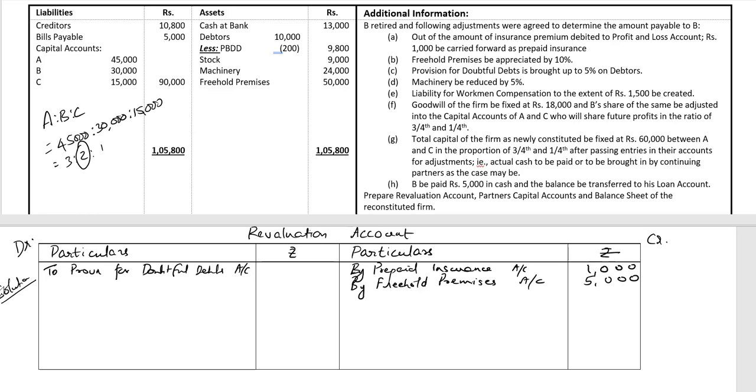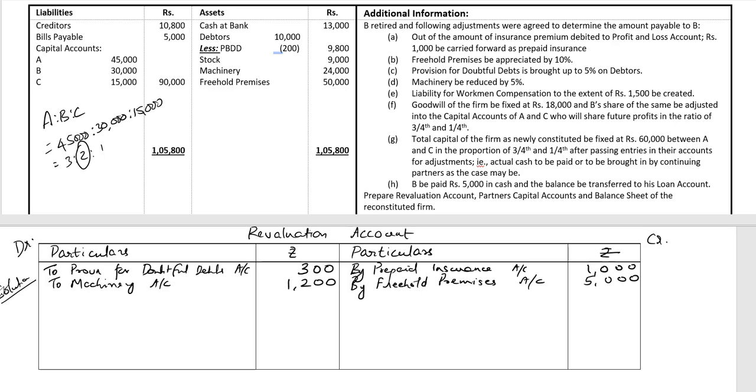Existing provision is only 200 rupees. So we will increase the provision by 300 rupees. Point D, machinery be reduced by 5%, to machinery account, 5% of 24,000 rupees is 1,200 rupees.